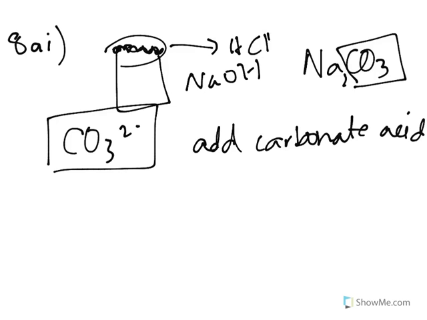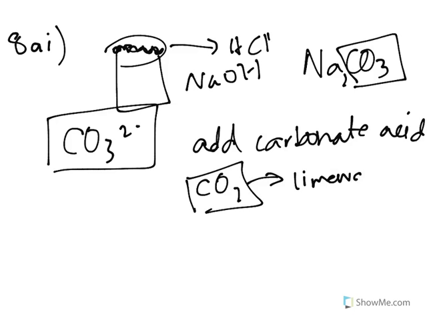And if you remember, the reaction of carbonate with acid gives carbon dioxide, water, and a salt. If we add the acid, we'll see fizzing and bubbling because carbon dioxide is formed. But if we take that carbon dioxide and put it into lime water, remember, carbon dioxide turns lime water milky.